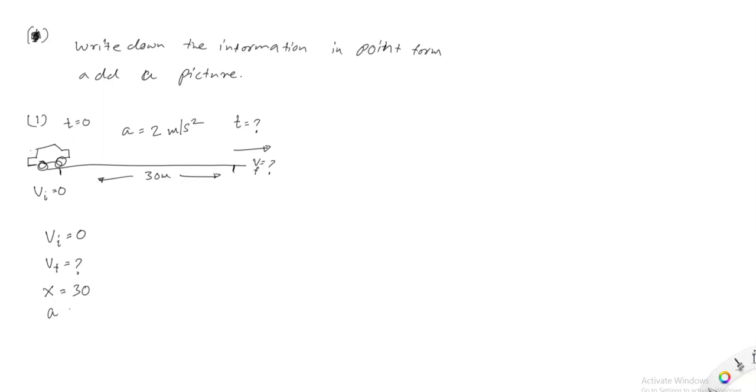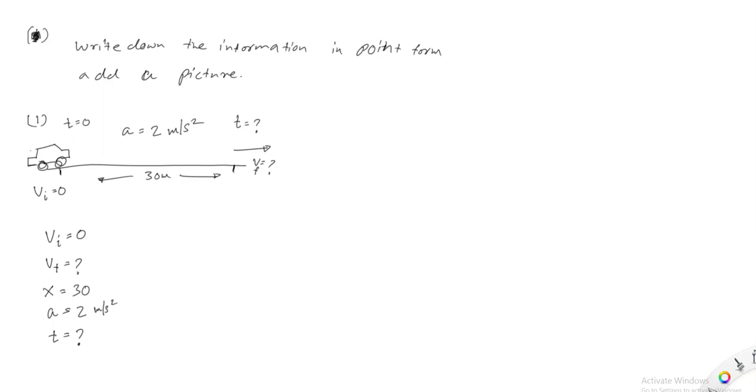We know the acceleration, 2 meters per second squared. We don't know the time it took. That's the question, how long it's going to take. So initial 0, final we don't know, distance 30, acceleration 2. The question is, what's the time?